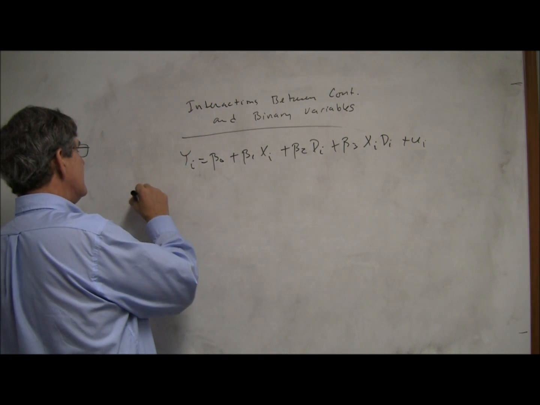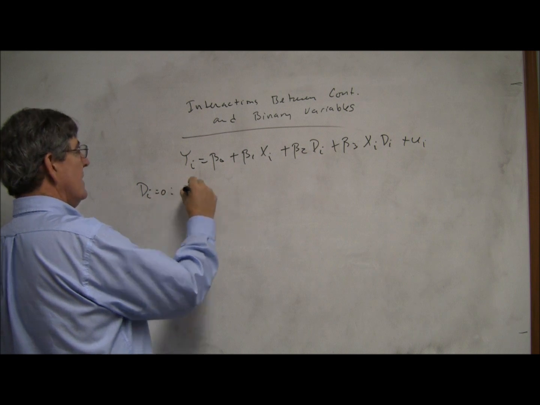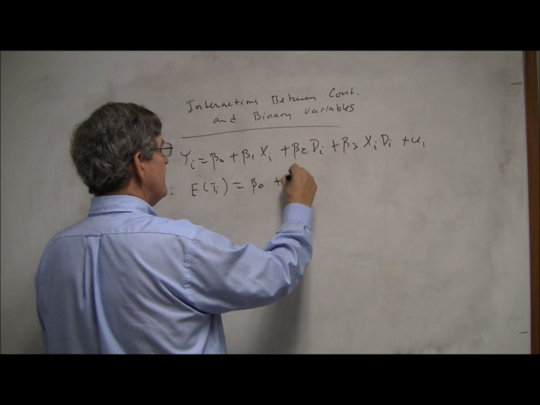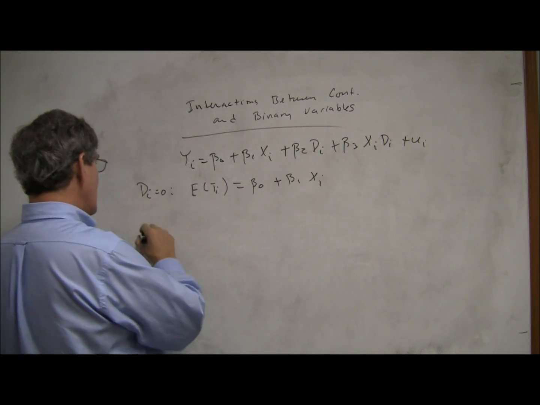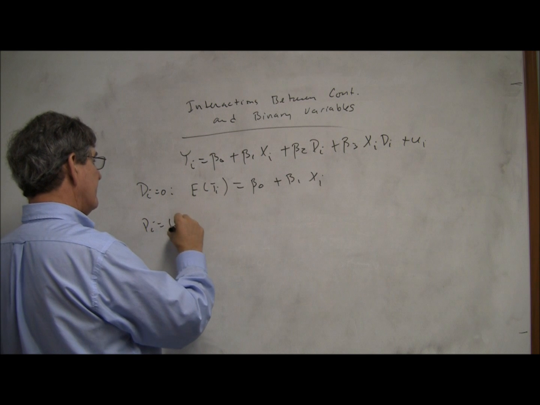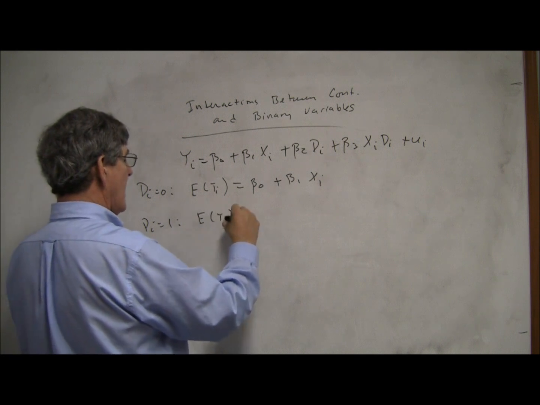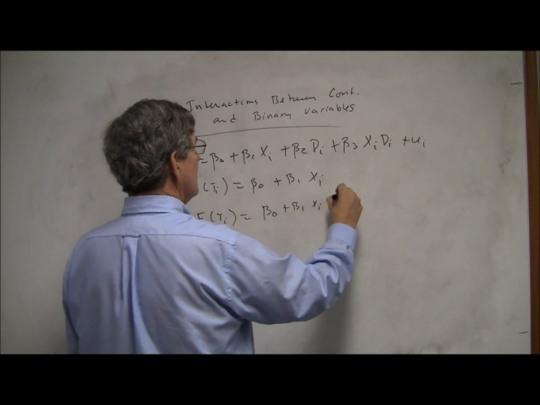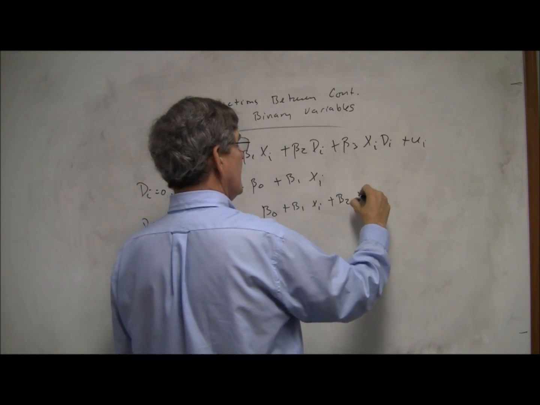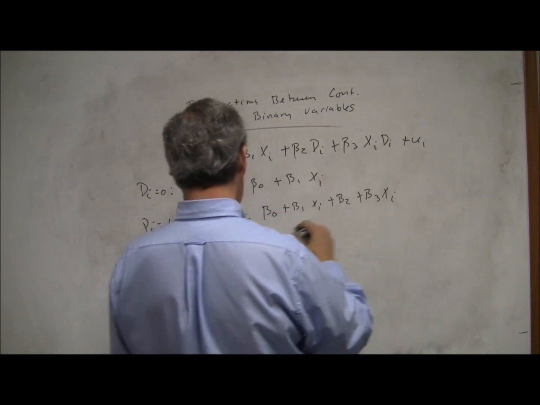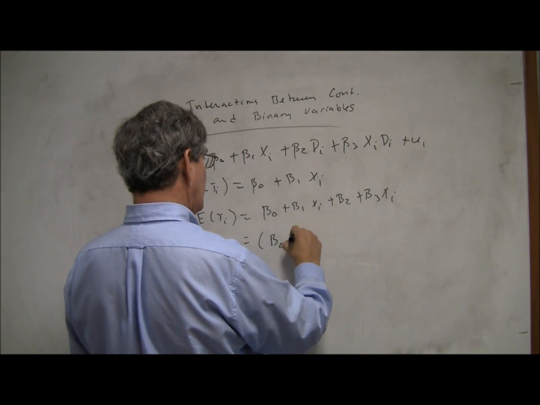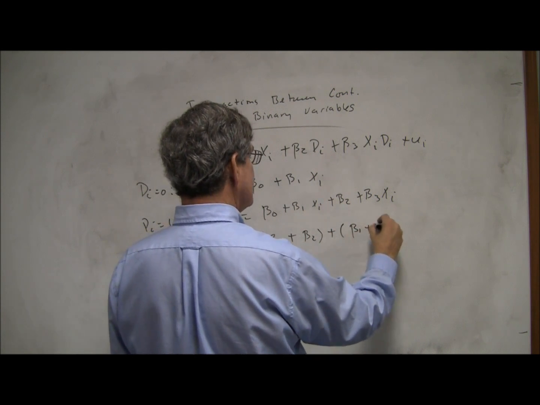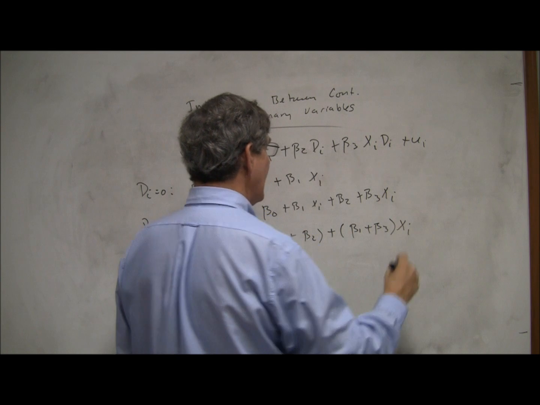So for instance, when d_i equals 0, the expected value of y_i is beta 0 plus beta 1 x_i. When d_i equals 1, the expected value of y_i is beta 0 plus beta 1 x_i plus beta 2 plus beta 3 x_i. So it's equal to beta 0 plus beta 2 plus beta 1 plus beta 3 times x_i.